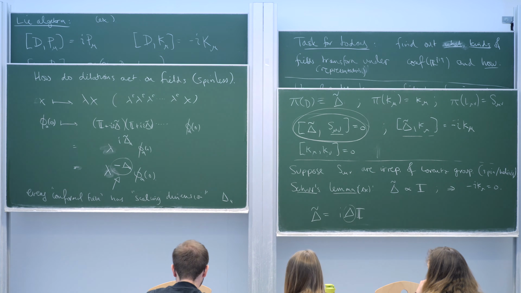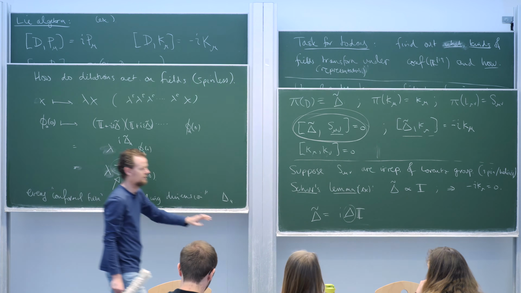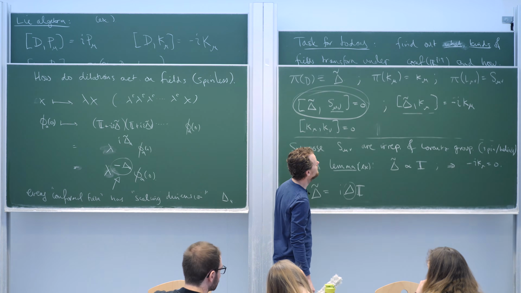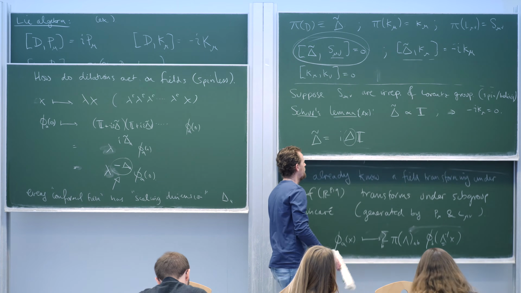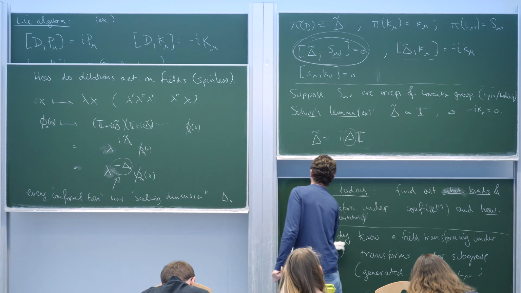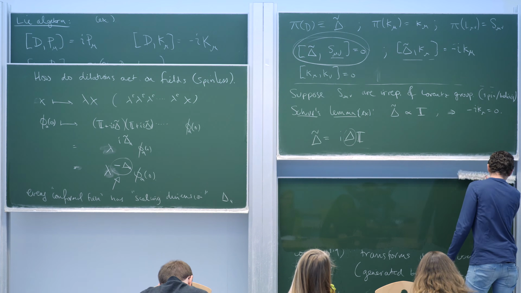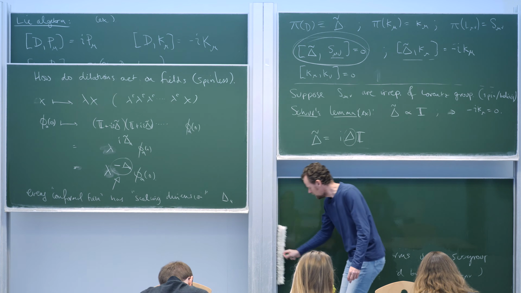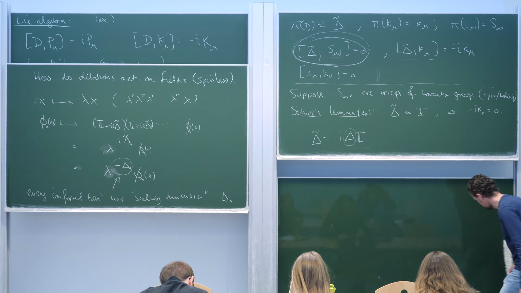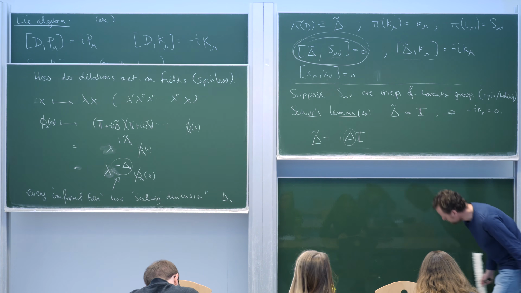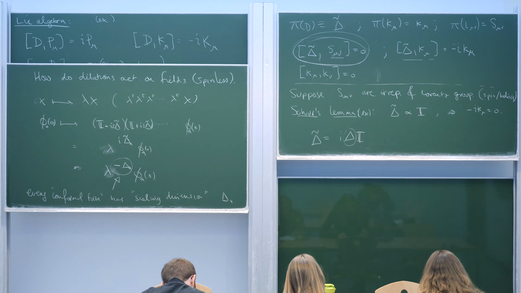Now you might guess this on the basis of physical arguments, but here is a consequence of representation theory. And it's worth expressing that transformation law slightly differently because you'll encounter it when we talk about quasi-primary fields in the next lecture.